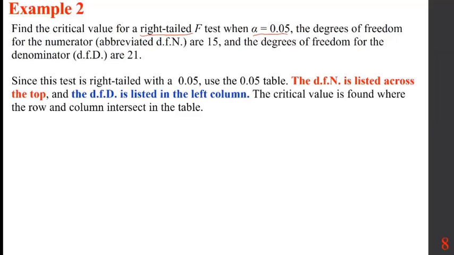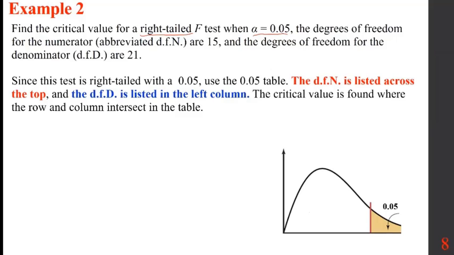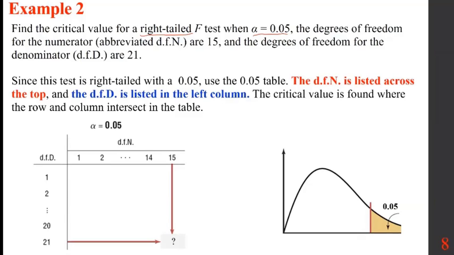Degrees of freedom of the numerator or DF1 is given, and DFD, or DF2, is given. We are interested in finding the area of 0.05, and we are interested in using this table, DFN, which is DF1, then we just say DF2. So you look up that number, it happened to be 2.18, or 2.1757.